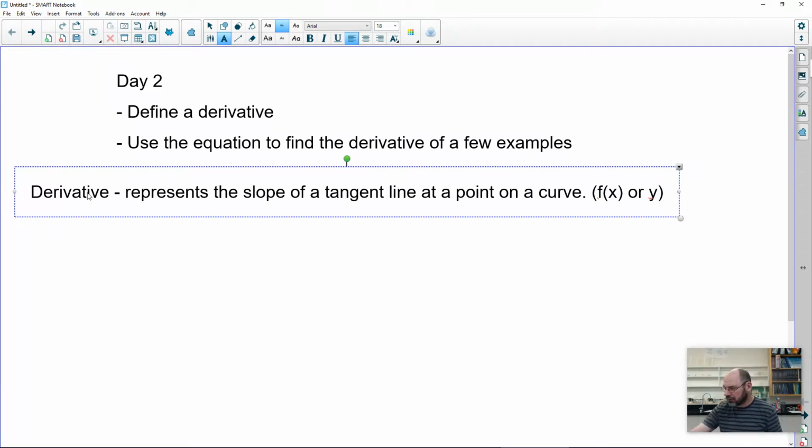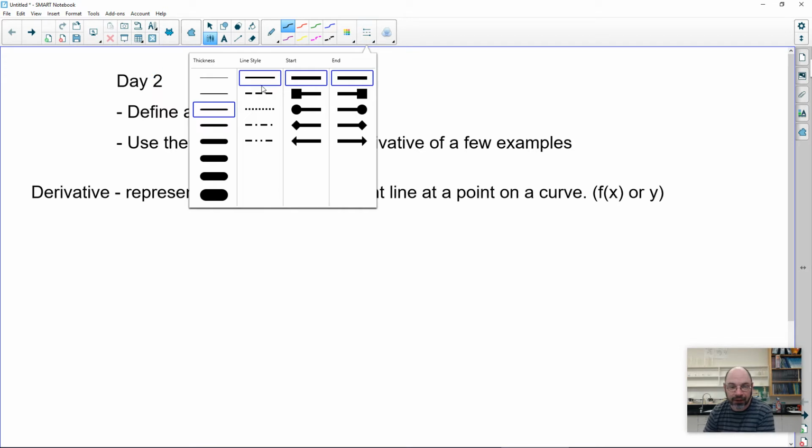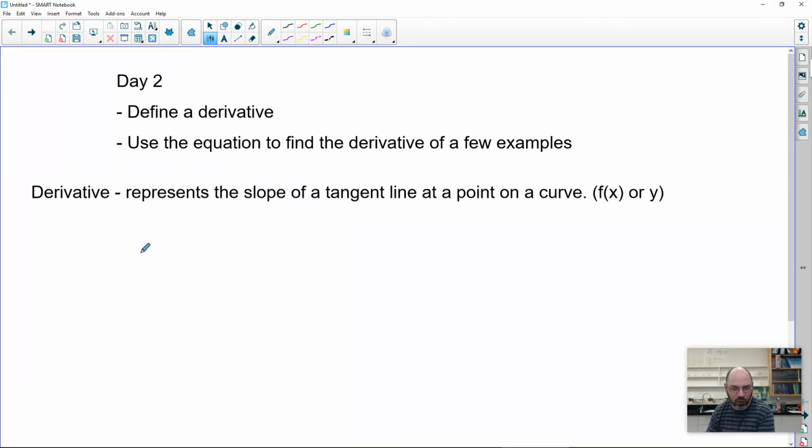So I'm going to try and define this for you. Let's say we had an example of y equals x squared. So we have this curve here.